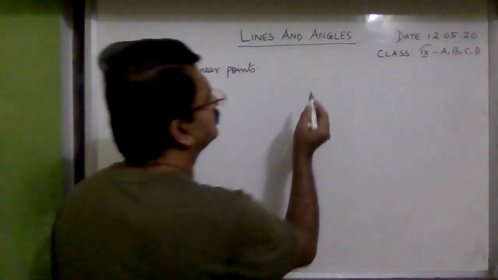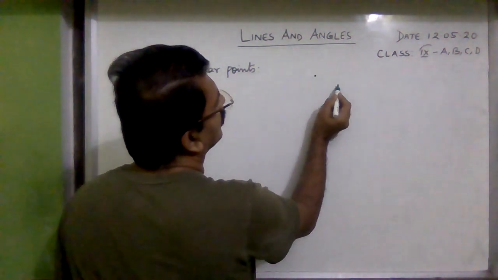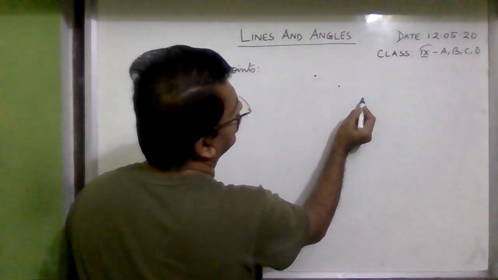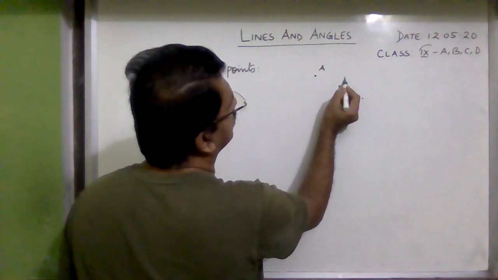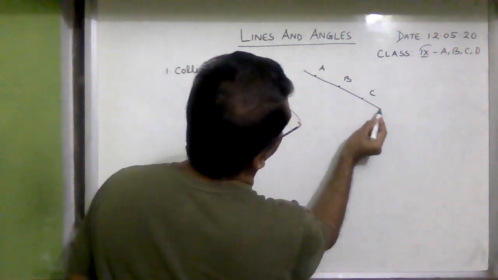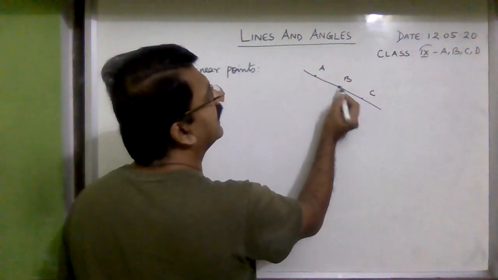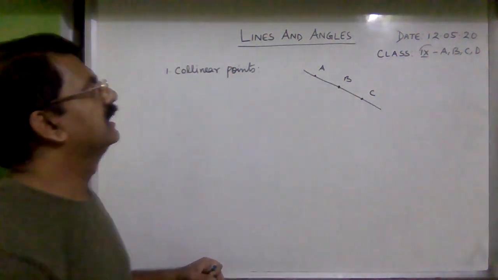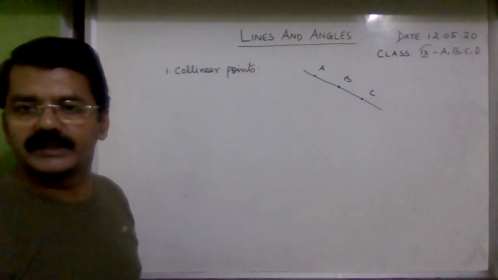For example, suppose there are 3 points A, B, C like this, and you can see we can draw a straight line joining them, A, B, C. Then A, B, C will be called collinear points.